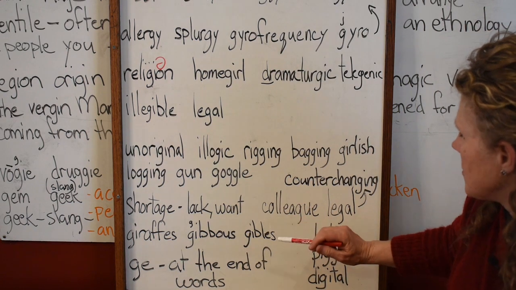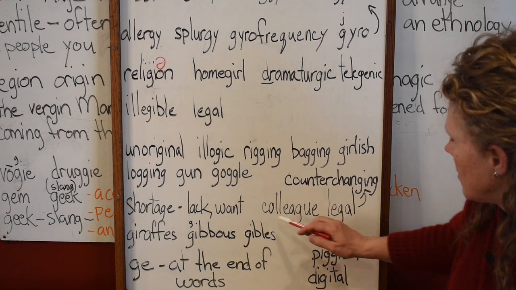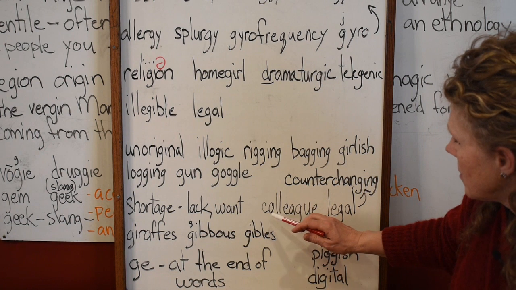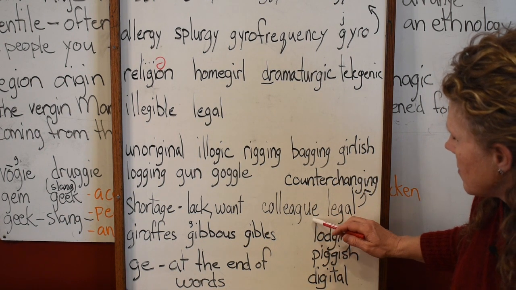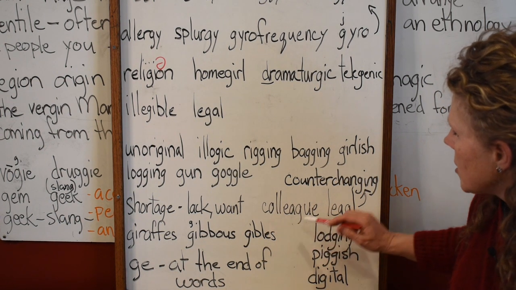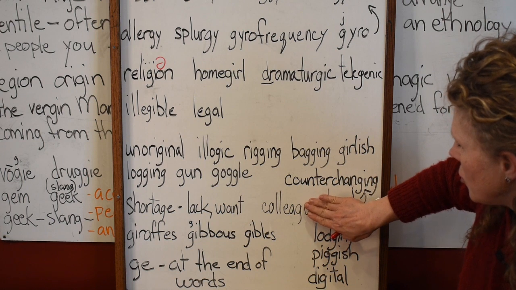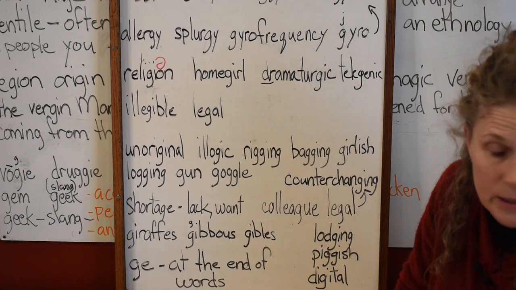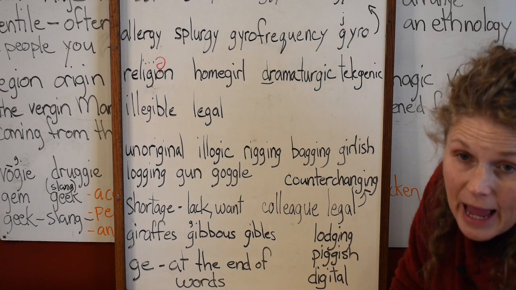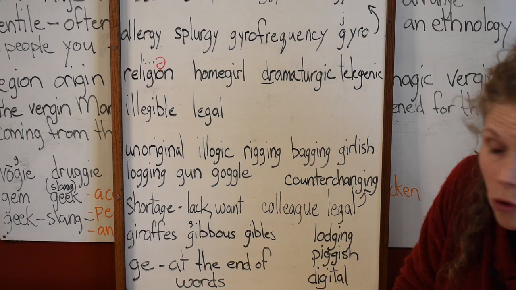But we have colleague. This is really interesting, but look what's going on here. Why didn't we just spell it colleague and leave the UE off of it? This is telling you that this is Latin. It's kind of from the French origin.